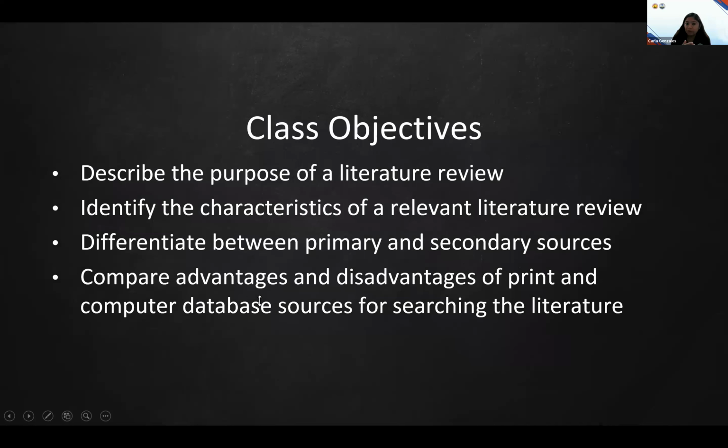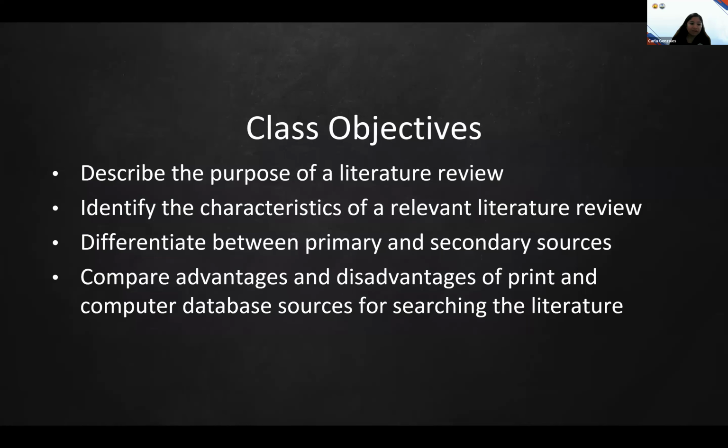From chapter 1, the literature review would be part of chapter 2. And then identify the characteristics of a relevant literature review. We'll also try to differentiate the sources where we gather those literature and related studies.